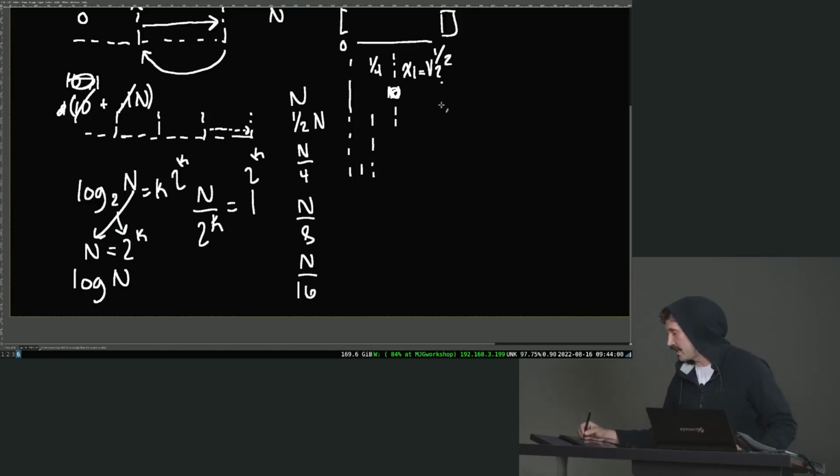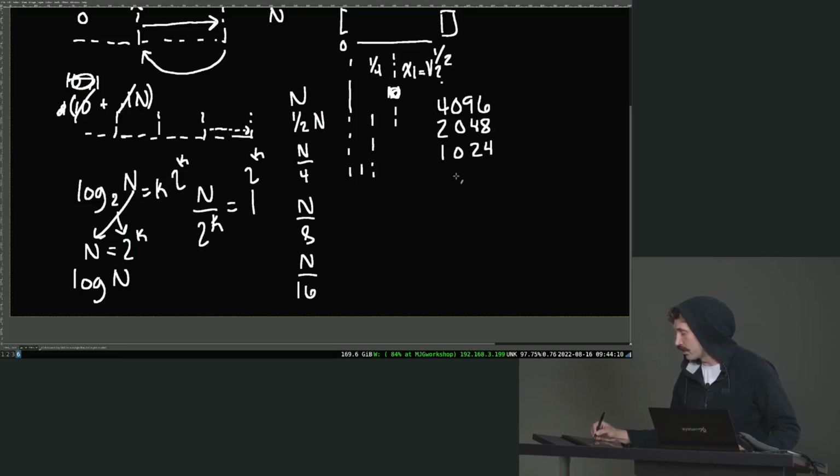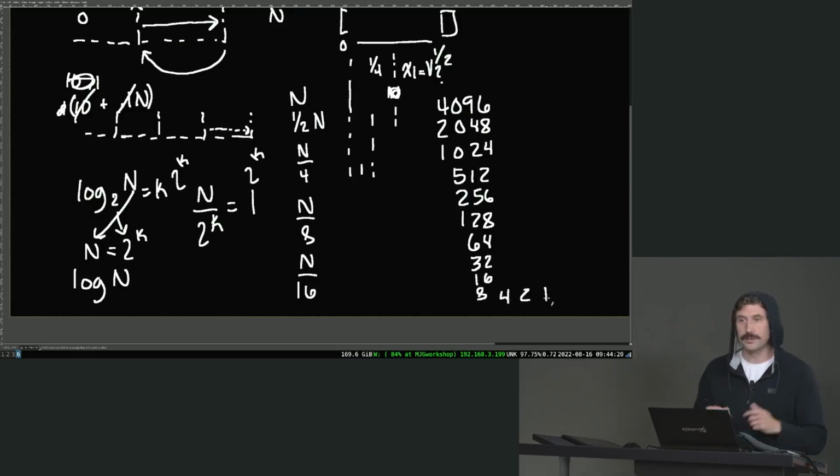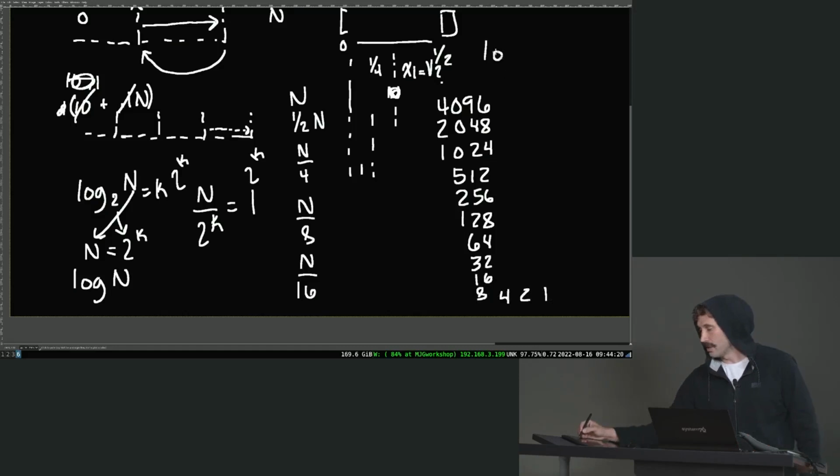So practically speaking, if our array was 4,096 and we half it, we'll have 2,048. Then we'll have 1,024, 512, 256, 128, 64, 32, 16, 8, 4, 2, 1, right? And what is the logarithm of 4,096?